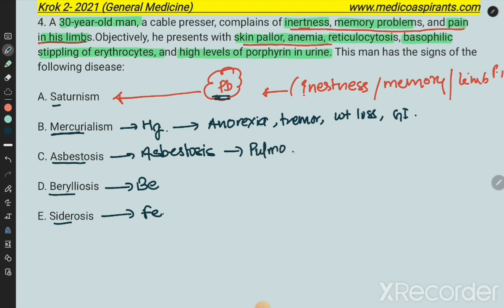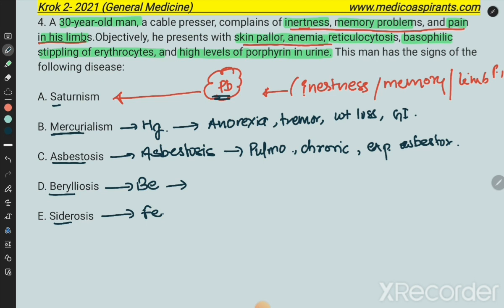So in asbestosis, what will be given in your question? It will be the chronic stage, and also prolonged exposure to asbestos. Now next one is beryllium.